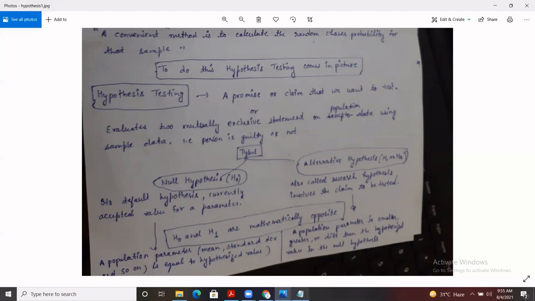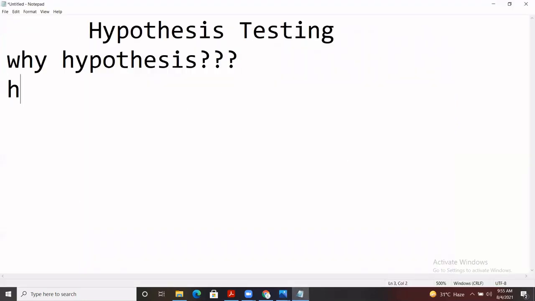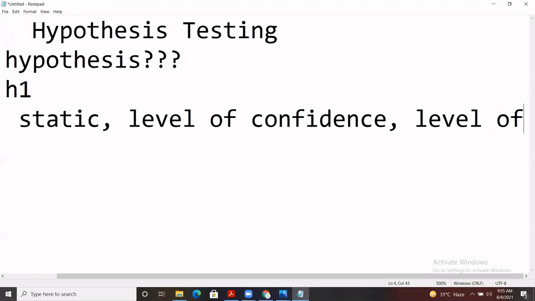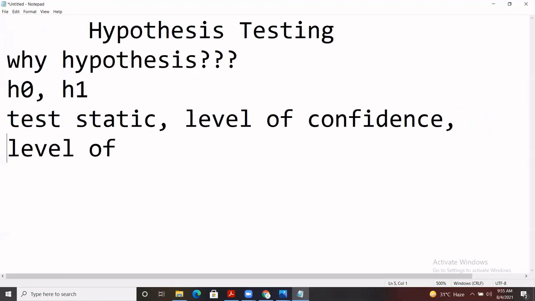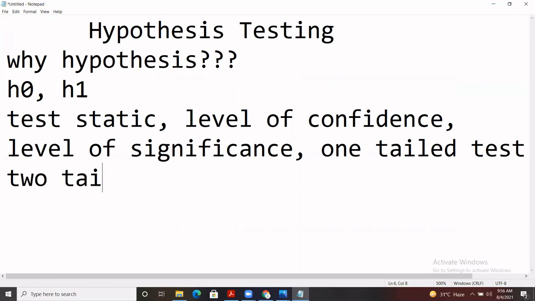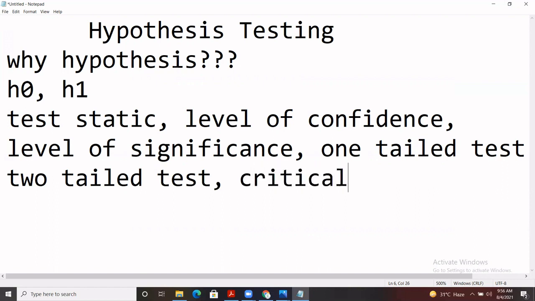So let me note down all the terms here. We discussed the null hypothesis, we discussed the alternate one, and the next topics that we are going to cover would be test statistic and level of confidence, level of significance, one-tail test, two-tail test, and we are going to cover the critical regions.